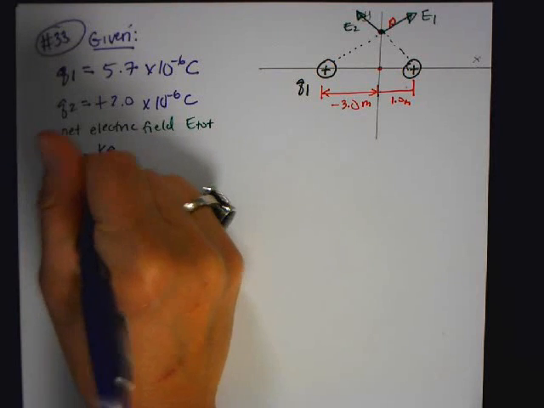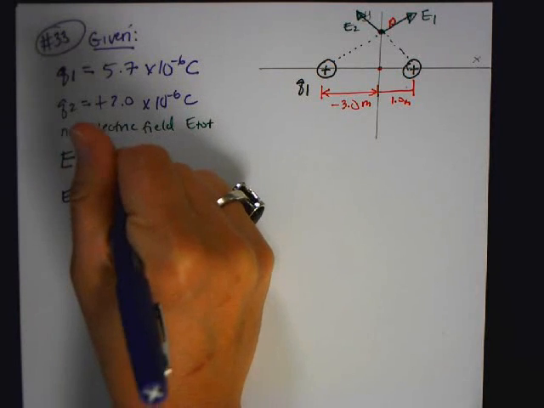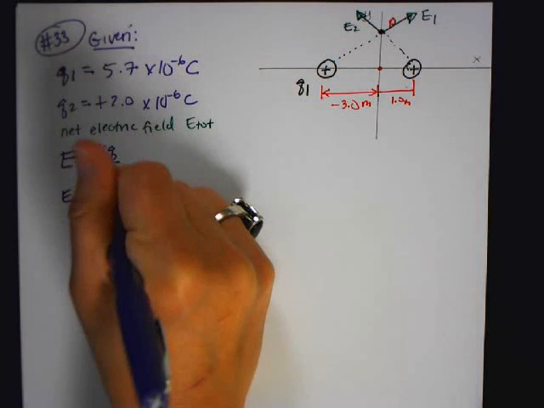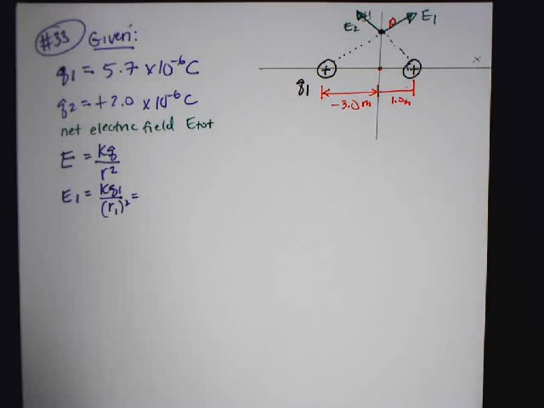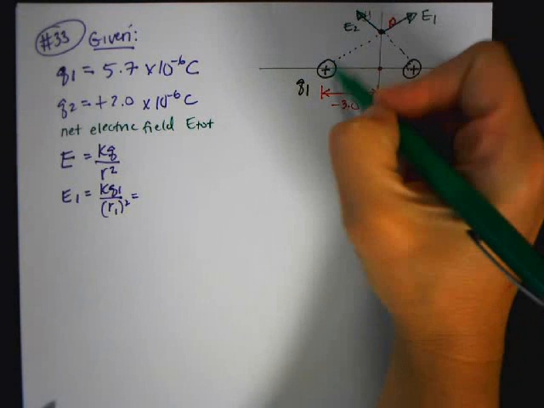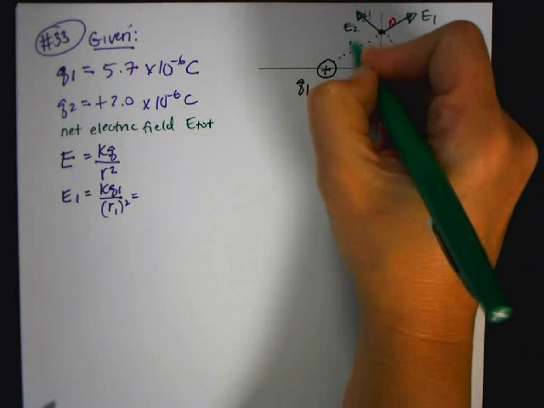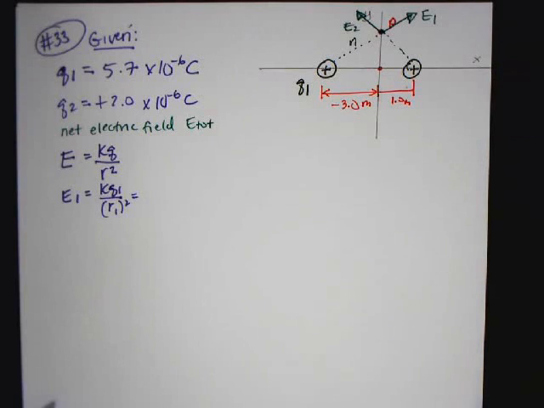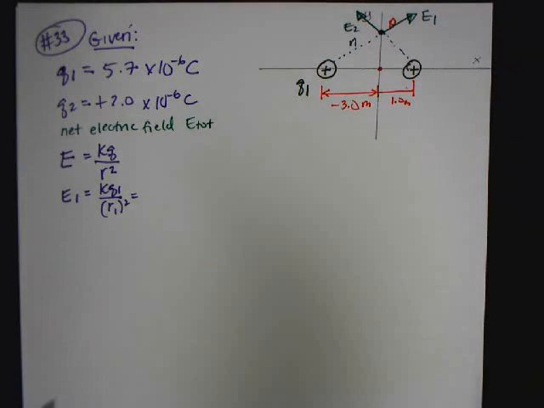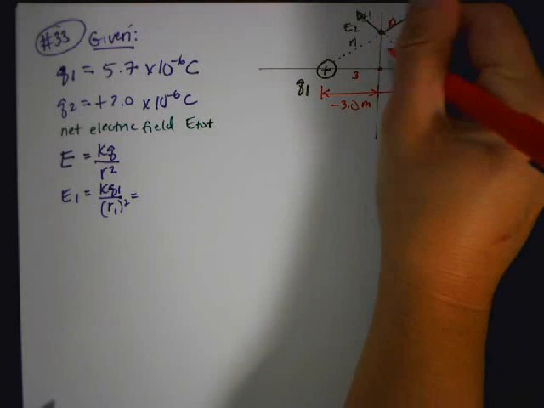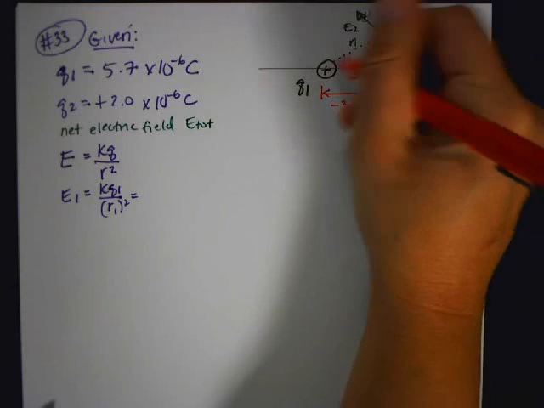So E1 is equal to K Q1 over R1 squared. Now the problem is, if you look at the diagram, the distance between Q1 and this point, that's R1. Do I know what that distance is? No. What I do know is this is 3 and this is 2. Can I find this distance then?